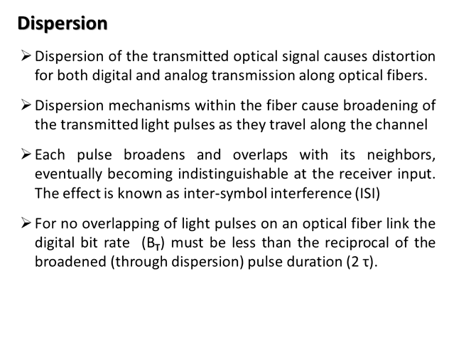So if we want that there should not be overlapping of the light pulses, the bit rate must be less than or equal to 1 by 2 tau, where tau is the pulse duration. So the bandwidth must be less than 1 by 2 tau.